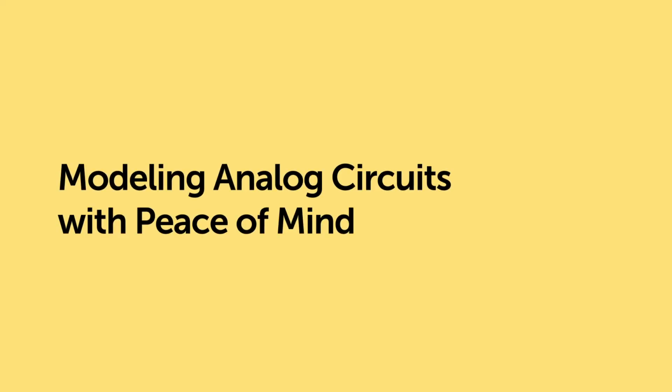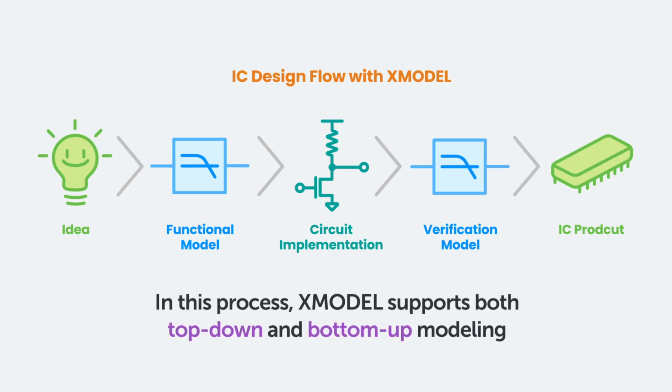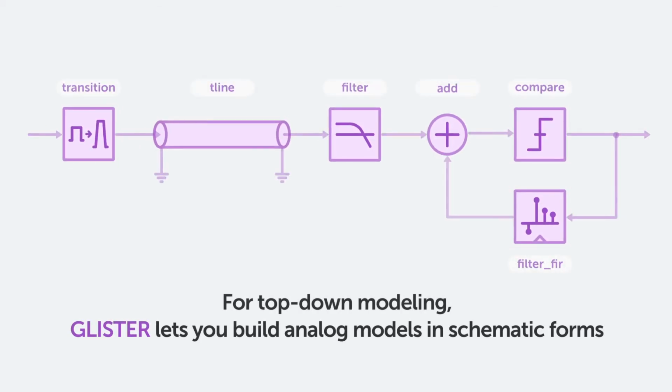Modeling analog circuits with peace of mind. We all know that the effective use of models is the key to successful IC design. In this process, XMODEL supports both top-down and bottom-up modeling. For top-down modeling, GLISTER lets you build analog models in schematic forms.